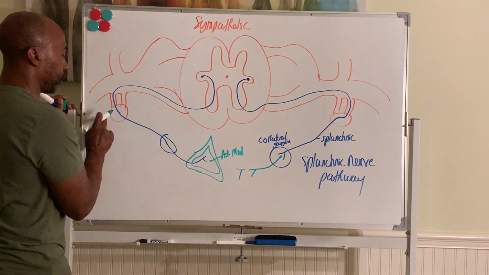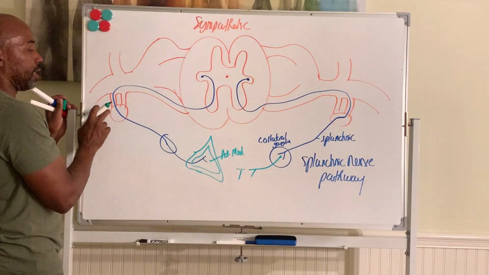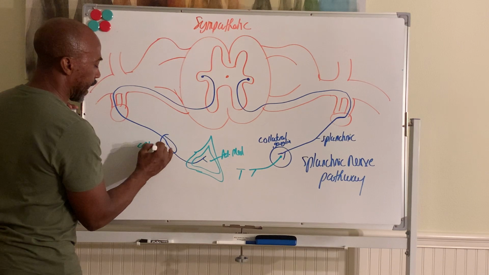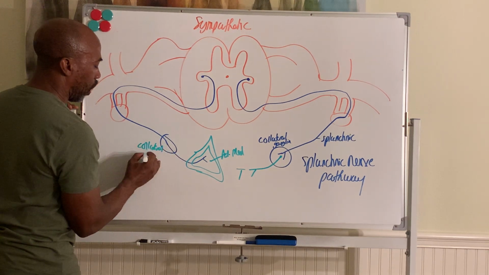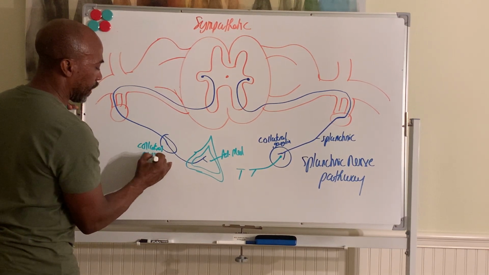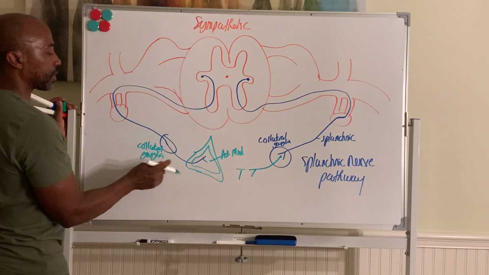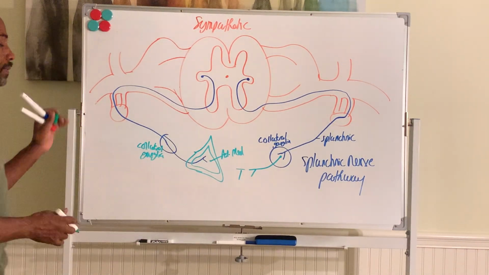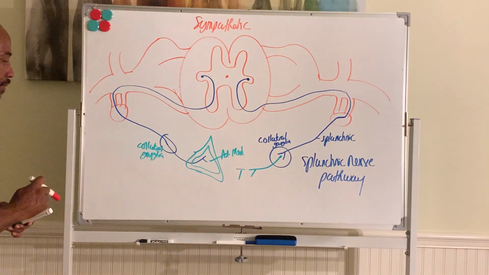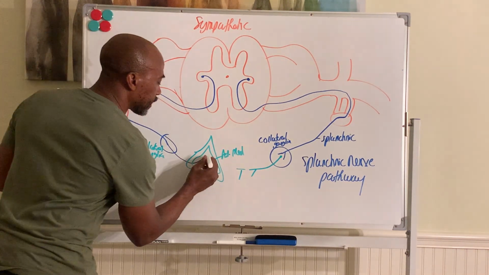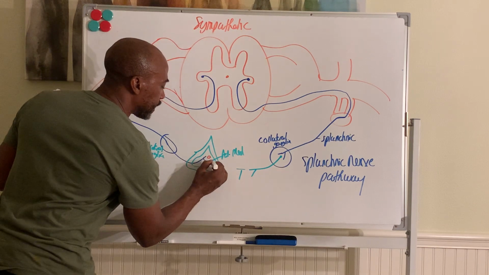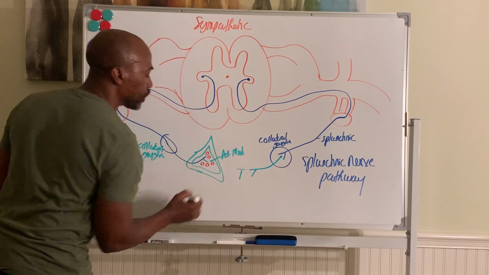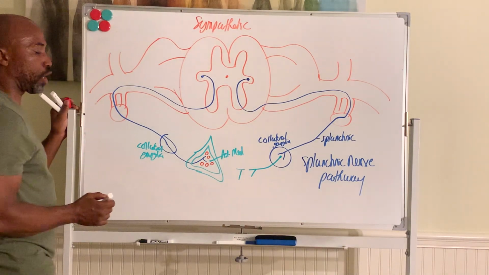So it passes through the chain ganglia without stopping. It passes through your collateral ganglia also without stopping, and it only stops in the adrenal medulla. Then the cells of the adrenal medulla locally act as your post-ganglionic neurons.